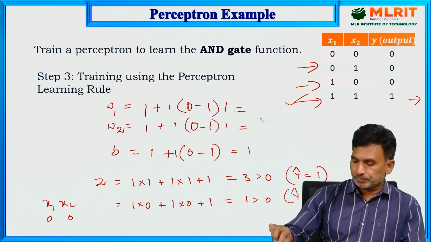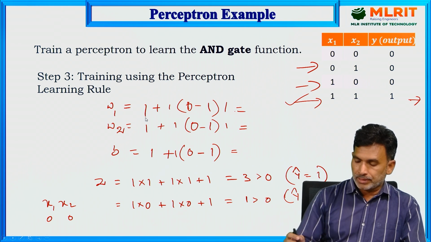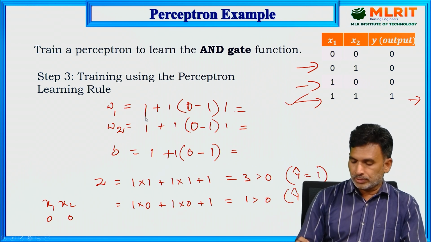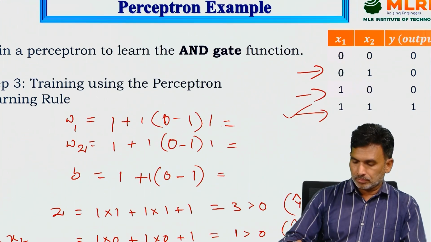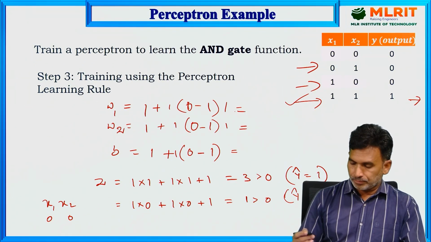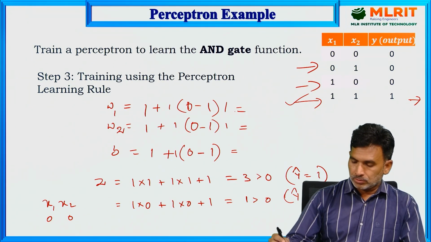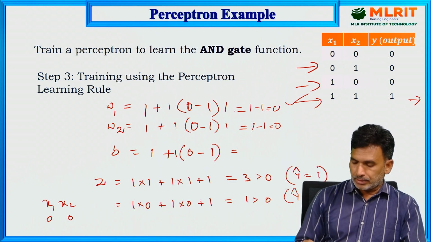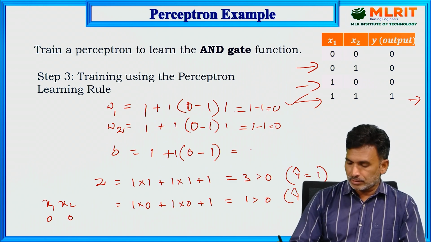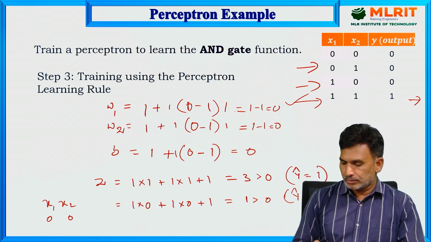Now 1 minus 1 that is equal to 0. Similarly 1 minus 1 that is equal to 0, and here the 1 minus 1 is also equal to 0.